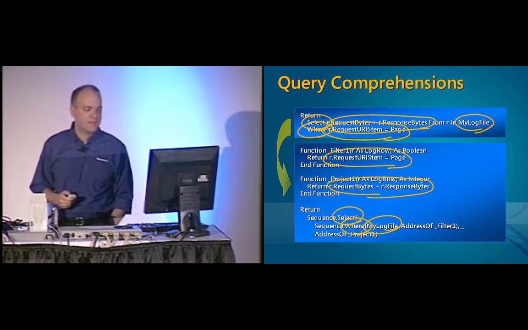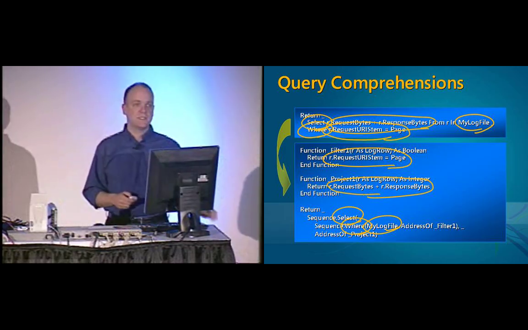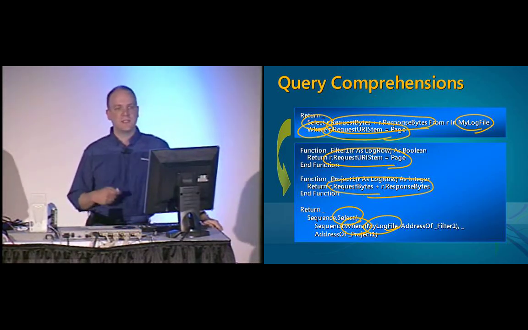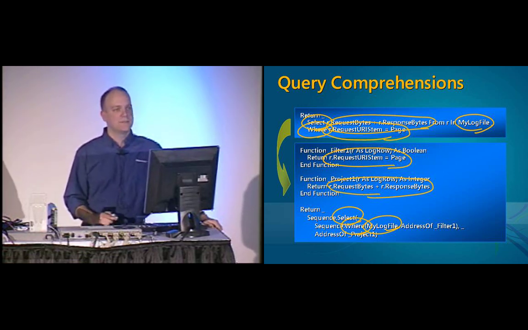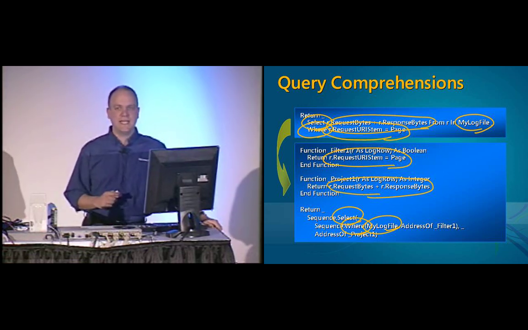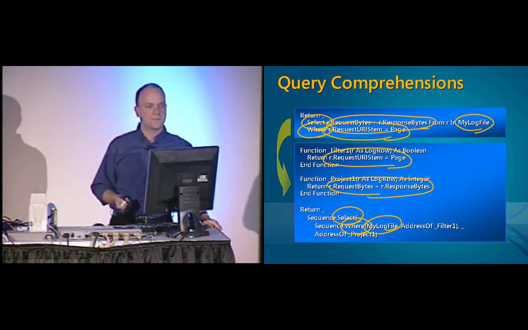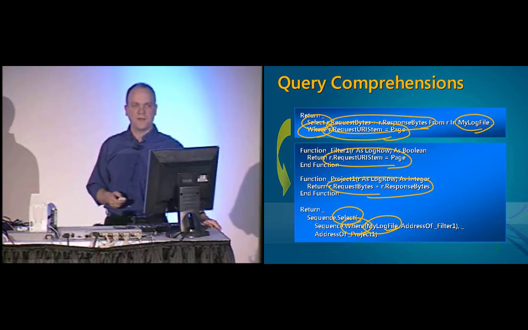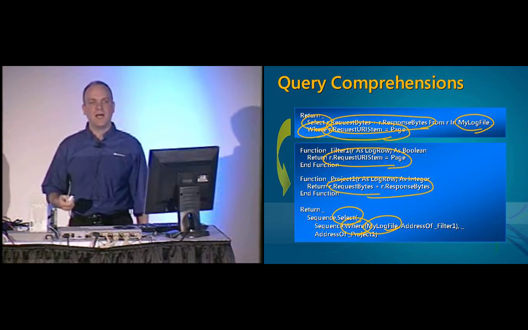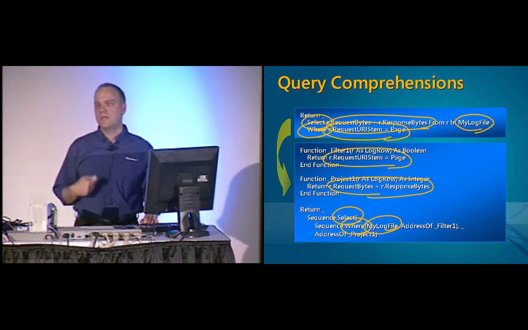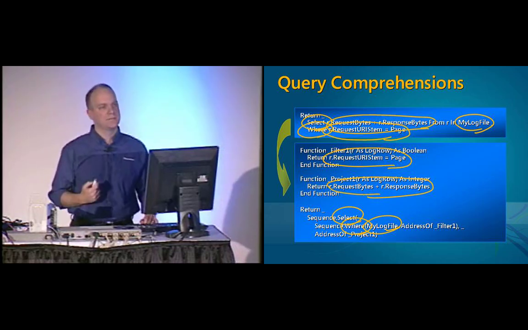So what you'll see here is that into the where, we pass the data source, and we also pass the address of a delegate to a method that contains the filter condition. So we take the filter condition from up here, and we move it down into a function that will be applied when the query is run to determine whether a row will be included in the data set or not.